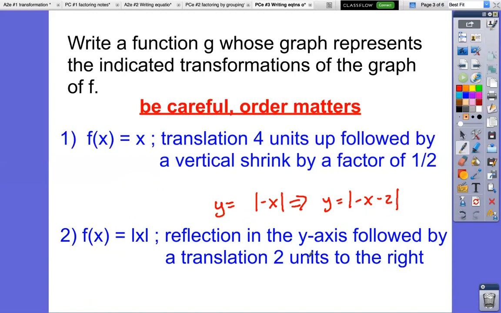If I flip this and I said, I want you to move it 2 to the right and then reflect it, it's going to be completely different. If I moved it 2 to the right, here's what I have. And now if I were to reflect this, what that's really doing is taking the opposite of the entire quantity. It's making that whole value negative.